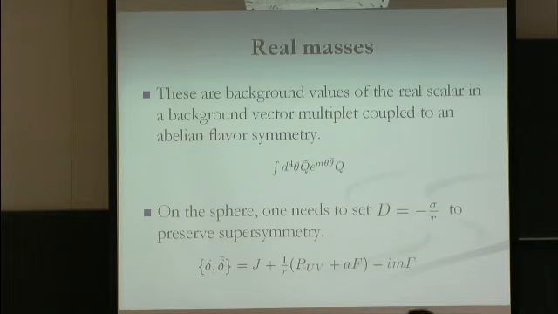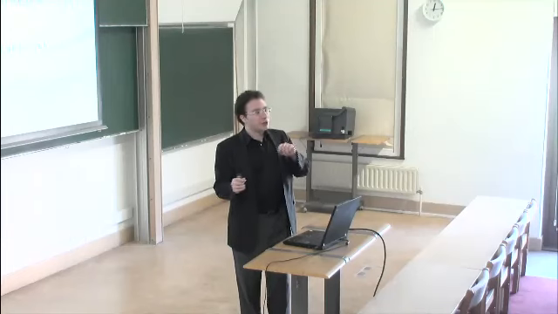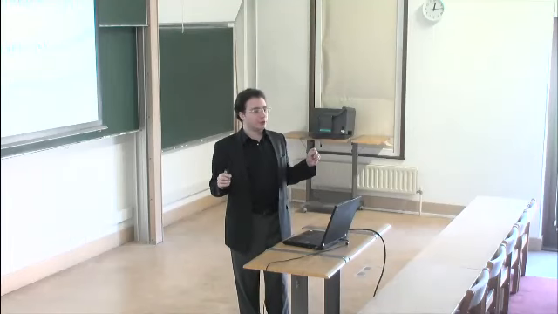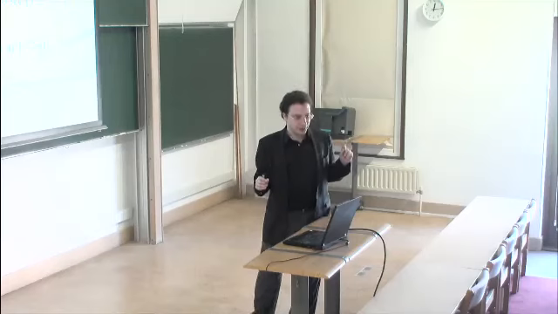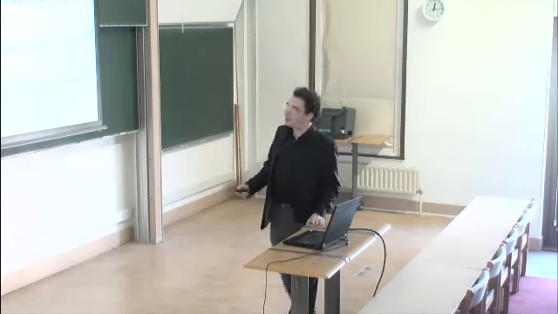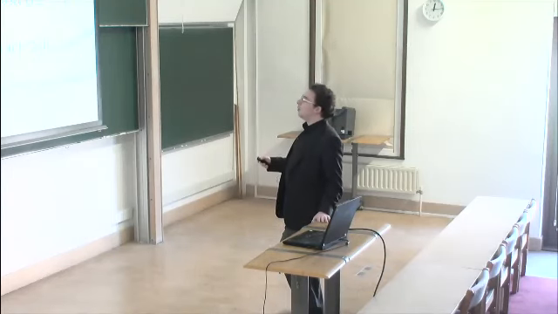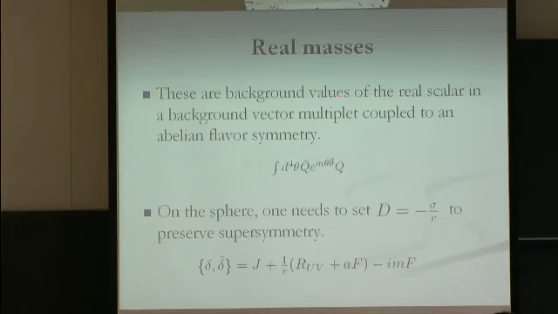the dependence on this coupling to curvature, this background value of the R gauge field, is exactly the same. Well, if I change which R charge I used, shifting the R charge by a flavor symmetry, that difference in the action is exactly the same as the terms I would add to the action if I turned on real masses.